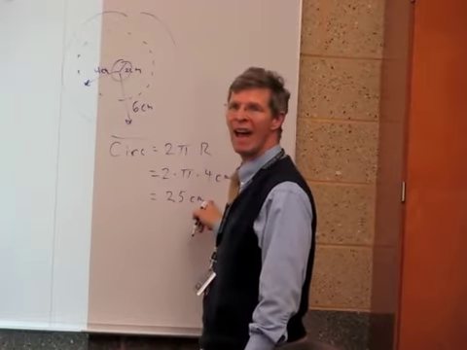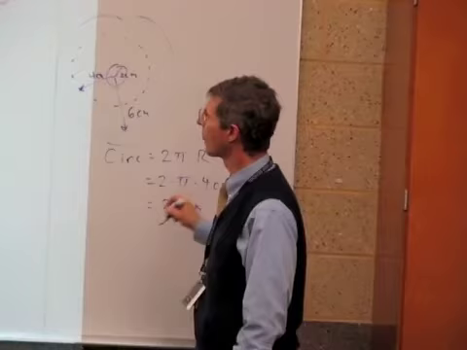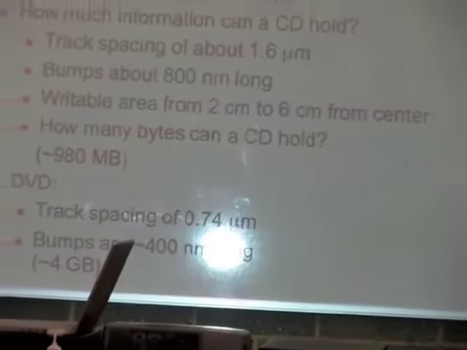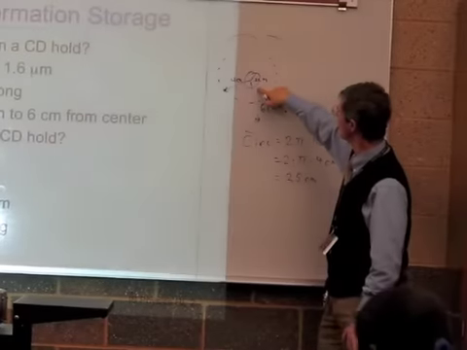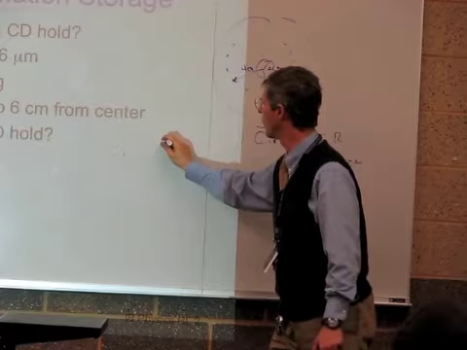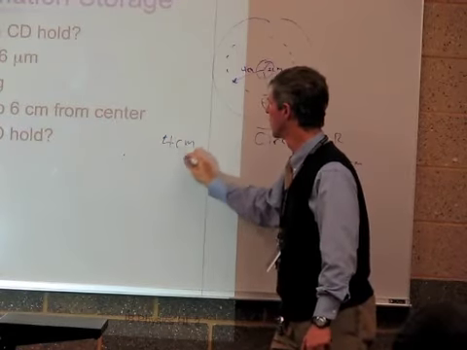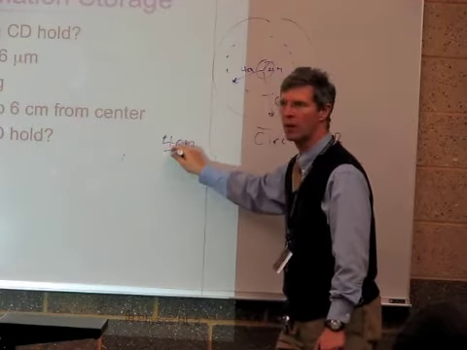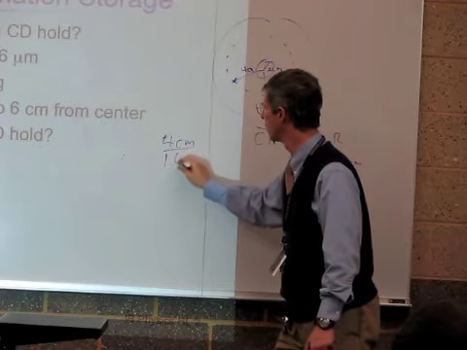So that's how long an average track would be. Then how many tracks do we have on this CD? If we're going from 2 centimeters up to 6 centimeters, then we're going over about 4 centimeters, and each track is separated by 1.6 micrometers.